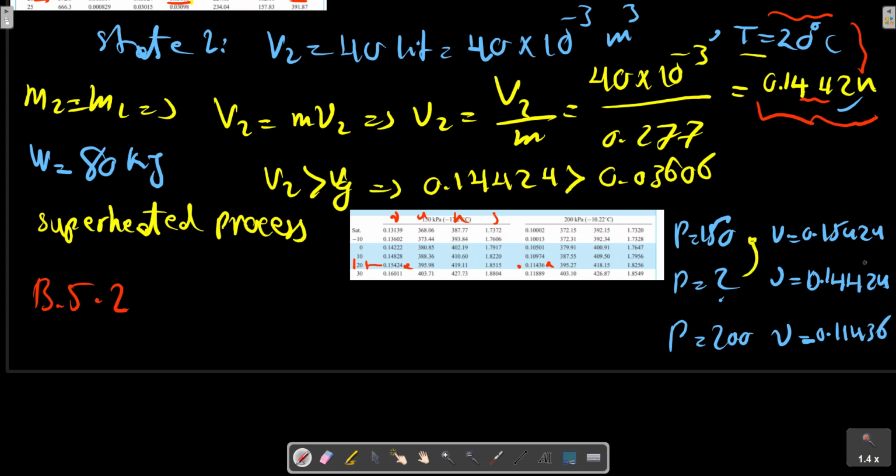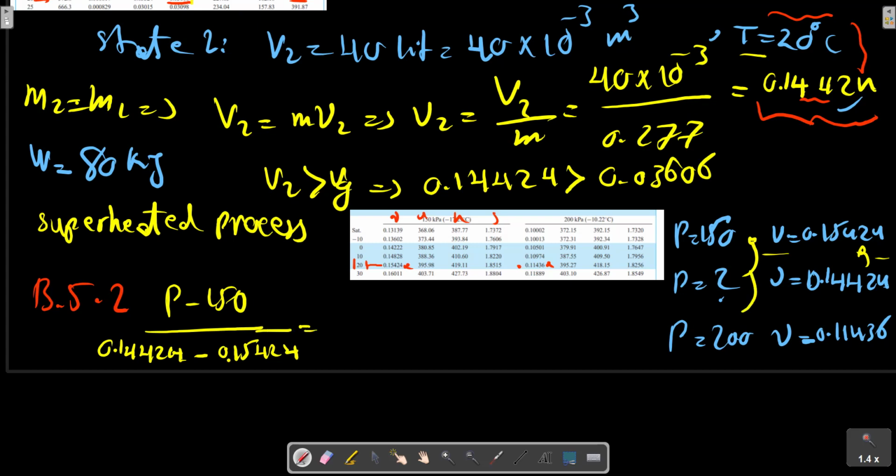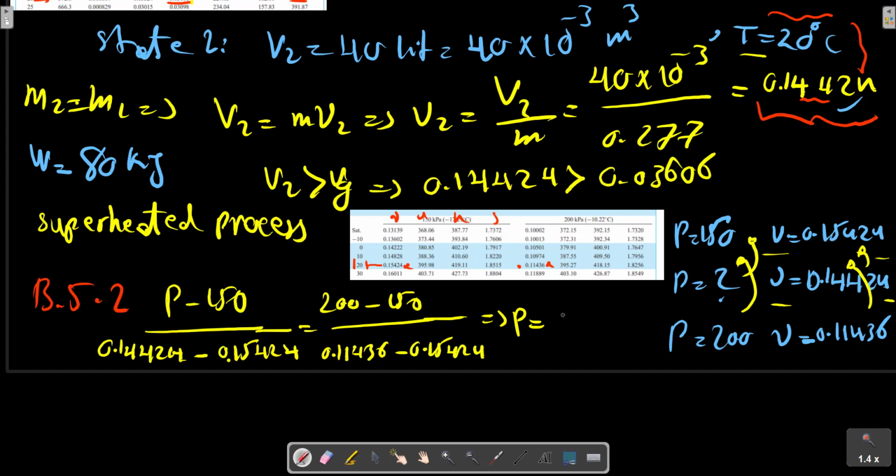We make the interpolation, P minus, and P can be calculated and is this many kilopascal.